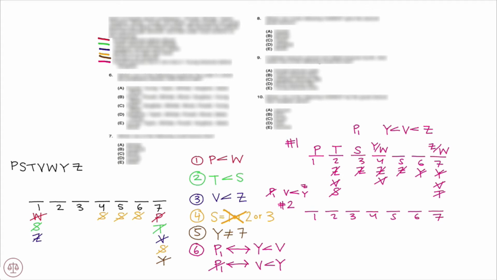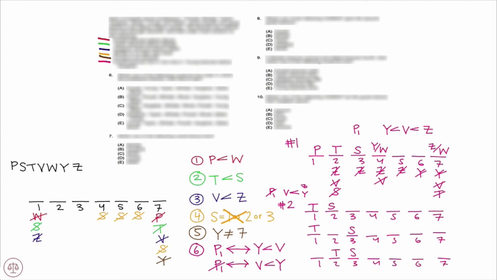So let's write out those options of S being second or third when P is not first. So we can have S being second, and then S being third. So if S is second, that places T first because T has to be before it. And if S is third, T is either first or second. So let's place T first here and T second here.